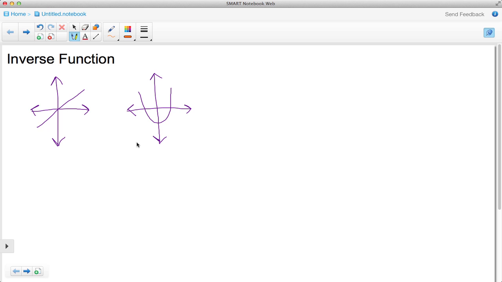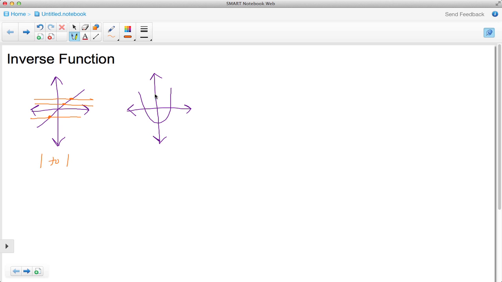Alright, to tell if a function is one-to-one, we're going to take a horizontal line and we draw the horizontal line and we see it intersects our original function at only one location. If that's true for the life of the function, which it is here for this linear equation, then that means that this here is in fact one-to-one, because each of the y values are going to be unique for the life of this function.